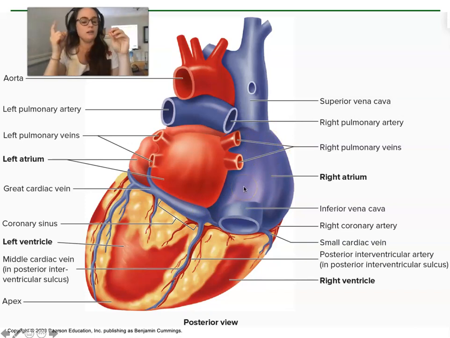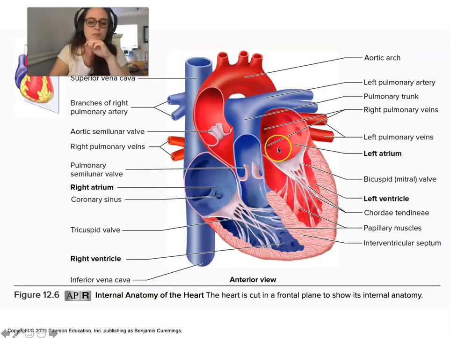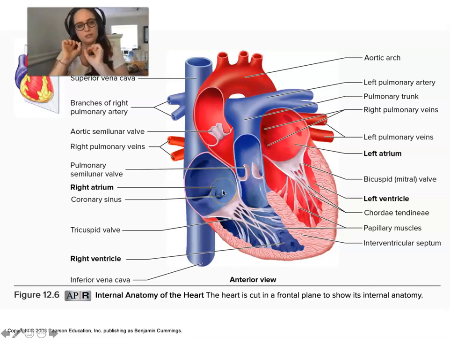So basically all of that deoxygenated blood from your body, from your head, from your arms, from your abdomen, from your legs, but also from your heart, it's all coming back to the right atrium. So you've got openings for your superior and inferior vena cava, and you've also got an opening for the coronary sinus. So that's why you've got this extra little hole in there. Not extra, necessary hole in the right atrium.